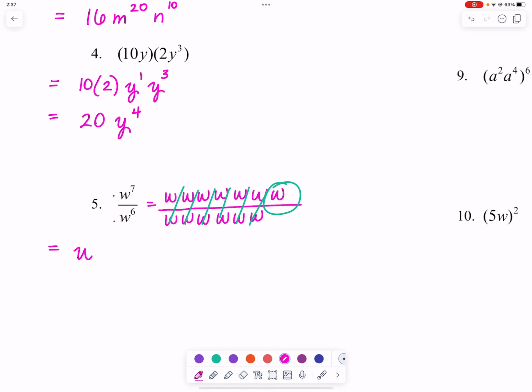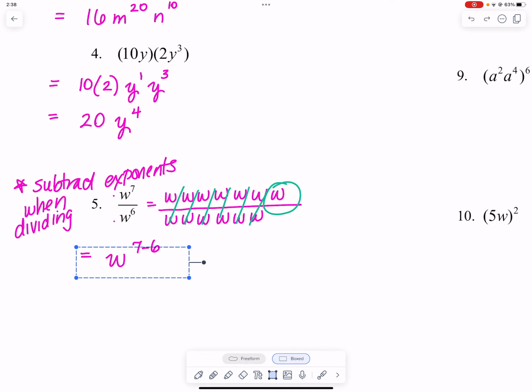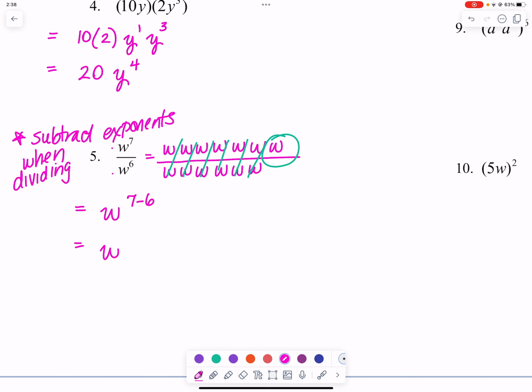So here we will have W to the 7 minus 6. So instead of adding, we will subtract our exponents when we divide. Okay, so here we will have W to the 7 minus 6, and then that is W to the first power, and we will just write W.